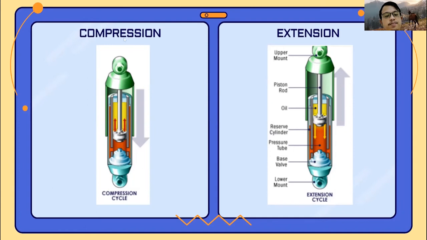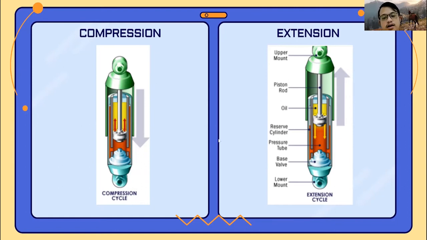The movement makes the piston go down and pressurize the hydraulic fluid, and then the hydraulic fluid will go up to the top through this large hole in the piston.